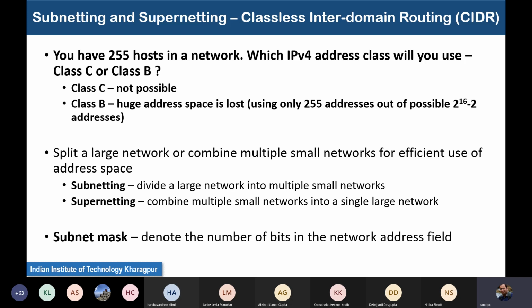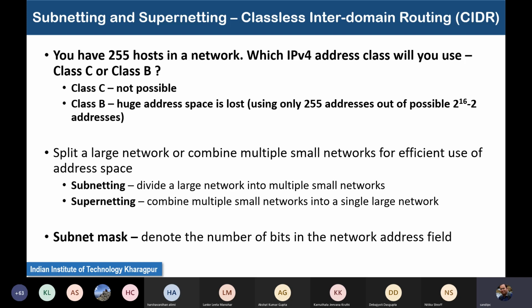IP addressing, where you know that if it is class A, then you have 8 bits of network address. If it is class B, you have 16 bits of network address. And if it is class C, then you have 24 bits of network address. So that was fixed, but now it is not fixed anymore, right? You need to make it dynamic. Now to make it dynamic, you need another field.